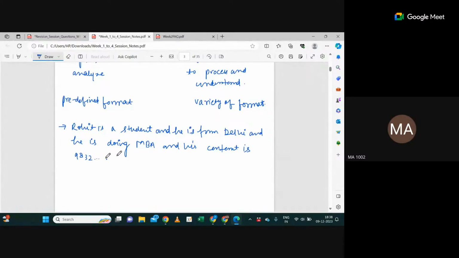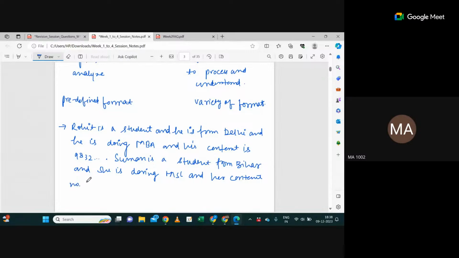Same, suppose I'm saying Suman is a student from, let's say, Bihar, okay, and she is doing MSc, and her contact number is, let's say, 7832 and so on.